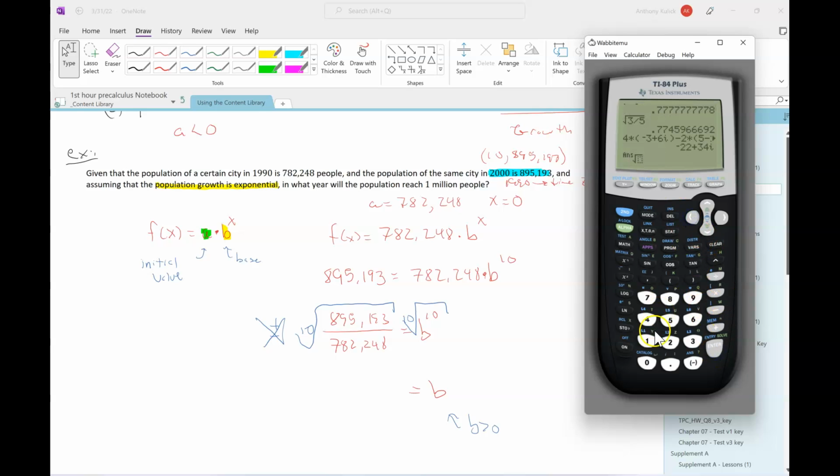So I can go back and change that index to 10. And then I can do my fraction command and do 895,193 divided by 782,248. I get that.